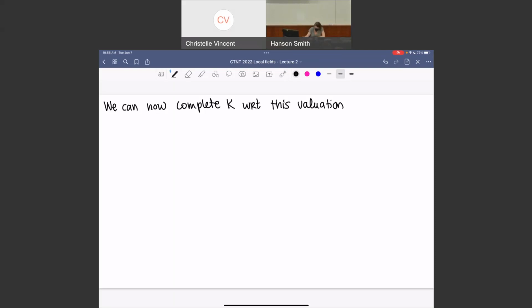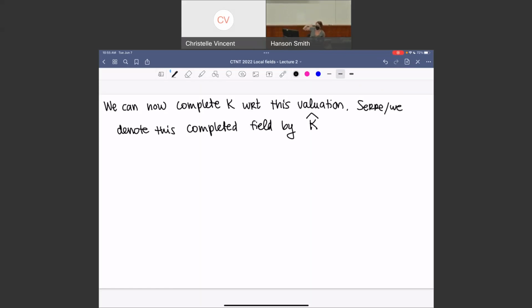Okay. And this completed field, that's the important part, we denote by K, and now pointy hat. So that's pretty standard for completion.